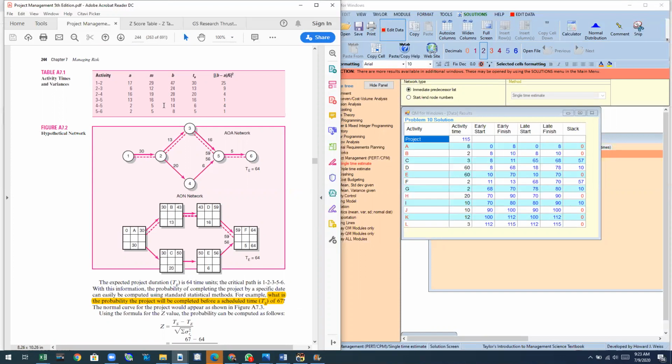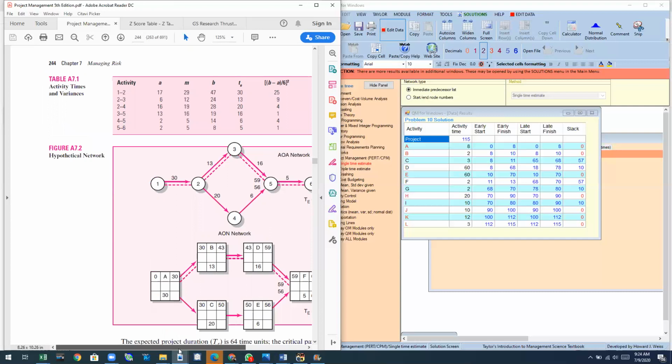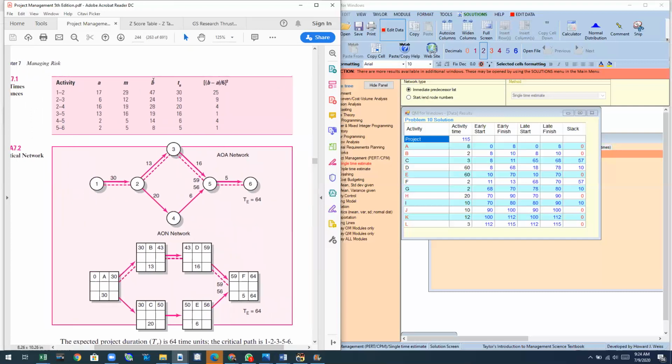So let's look at it. We have 3 time estimates, in which the first one is called the optimistic time. The second one is called the most likely time, or M, and the third one is the pessimistic time.